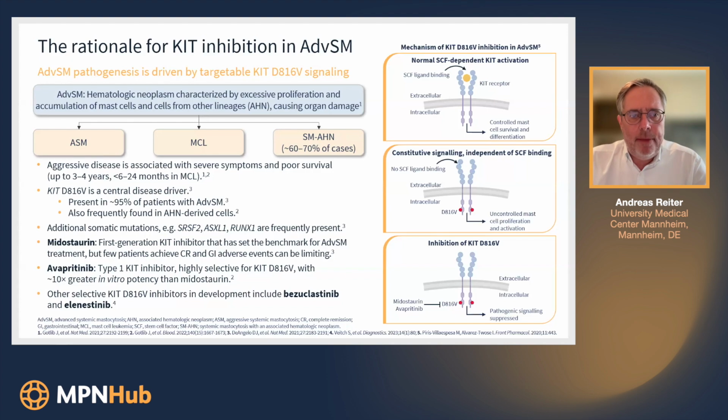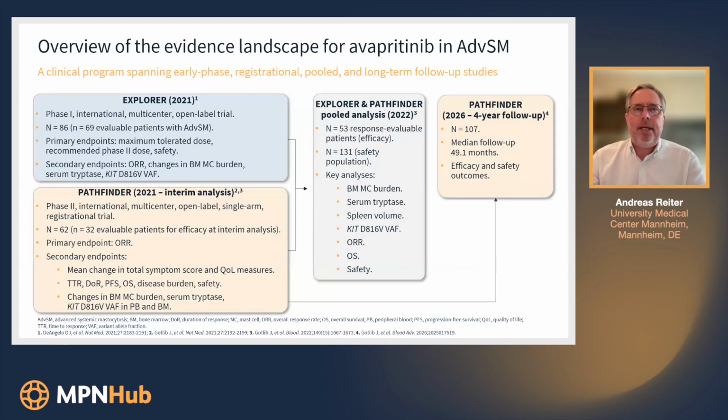And then avapritinib. This is a specific KIT inhibitor. It is highly selective for KIT D816V. It has a much higher potency. There are also 2 new KIT inhibitors, bezuclastinib and elenestinib. I just wanted to mention that, but this is not part of today's presentation.